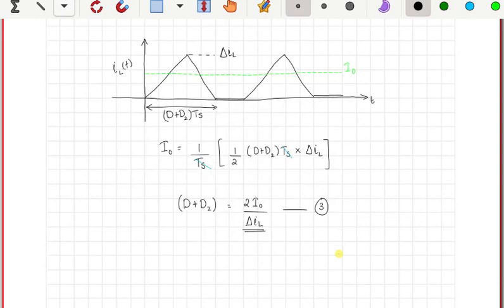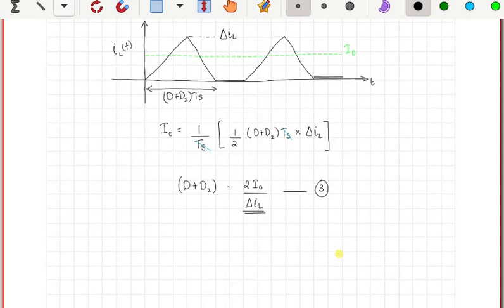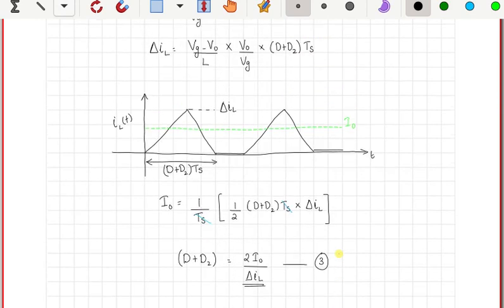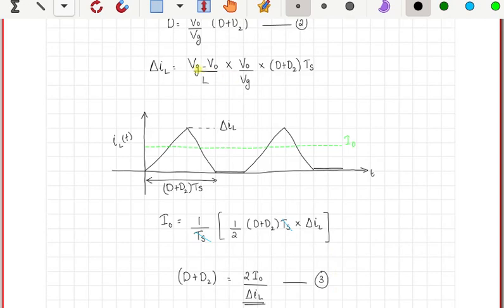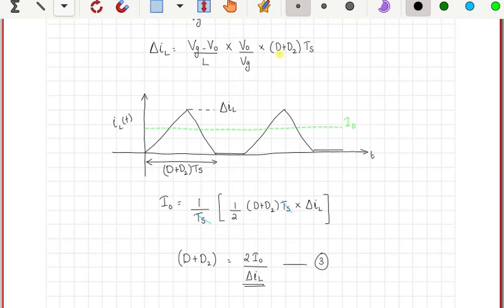So why are we doing all this exercise? Because we want to eliminate either Vg or d from these equations and make it into a form having only one variable, so that we will know at what value of the variable we are going to have maximum inductor current. Since we have d plus d2 here, it is convenient to eliminate it using the average value.